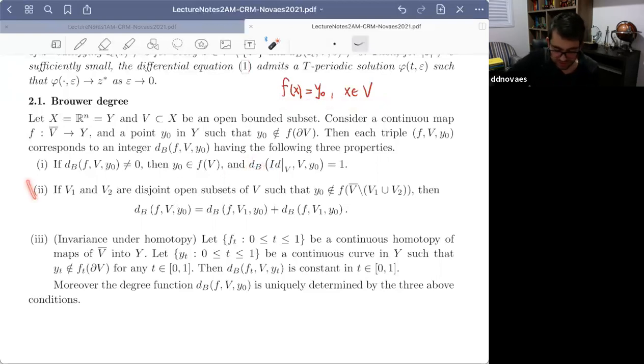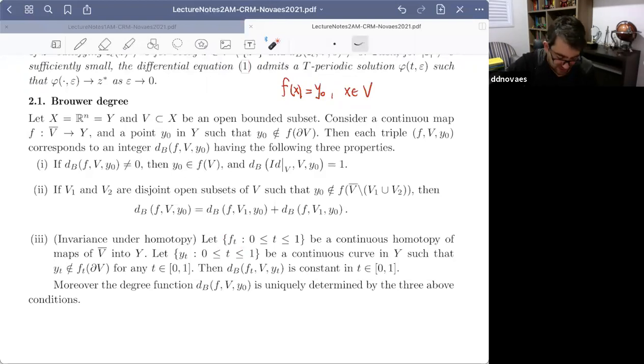A second property is the excision property, which states that we can decompose the Brouwer degree into sums of Brouwer degrees under some hypothesis. And the third property, the most important one in order to do computations, is the invariance under homotopy of the Brouwer degree. So let's consider a homotopy, a continuous homotopy between f_0 and f_1.